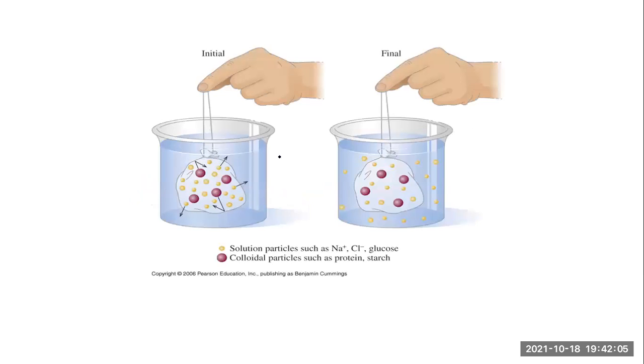And I think there's a lab where you do this. You put a whole bunch of stuff into a dialysis bag, and every so often you test the outside solution to see what is in it. And obviously, if it's in the outside solution, that meant it was able to travel out of the dialysis bag. If you don't find it in the outside solution, that means it's still in the dialysis bag.